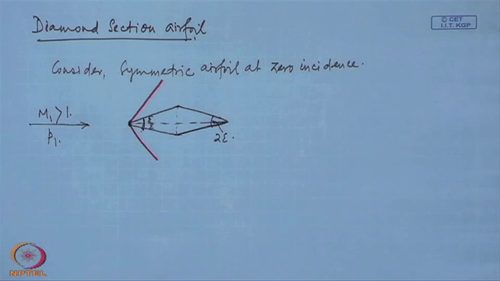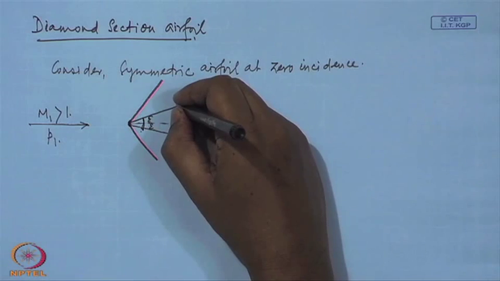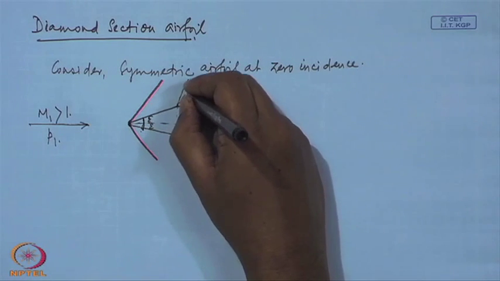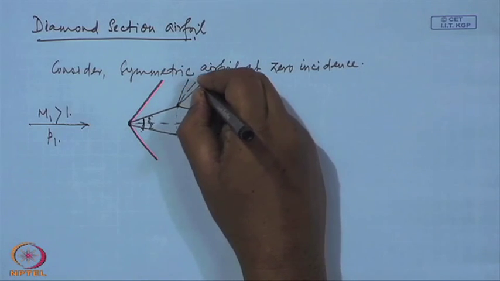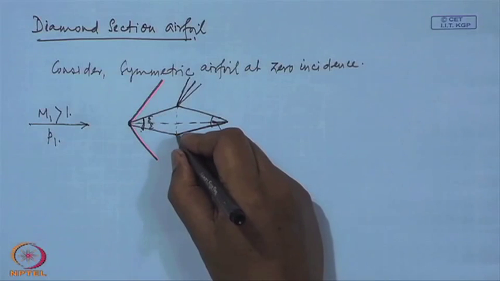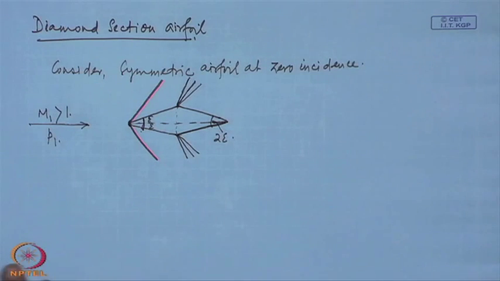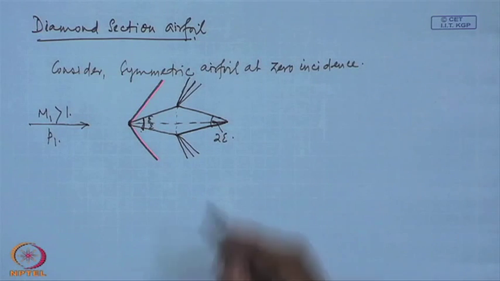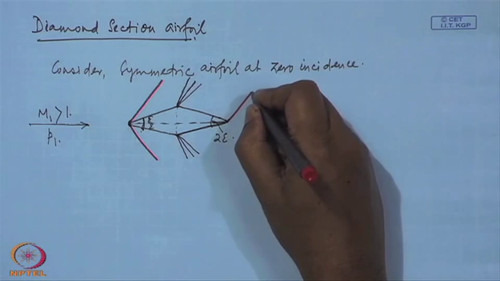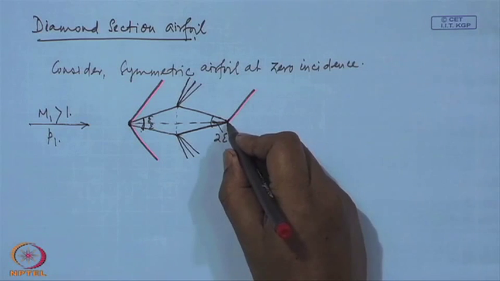So, subsequently of course, here the flow will turn again through an expansion fan, and then again it will turn here by an oblique shock.